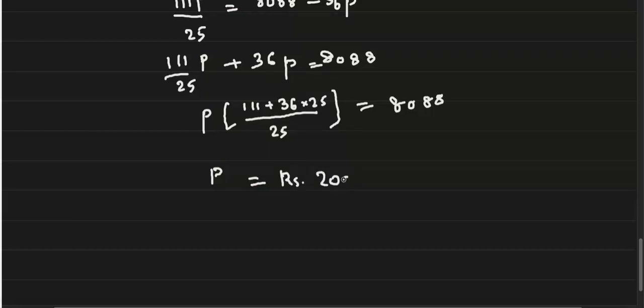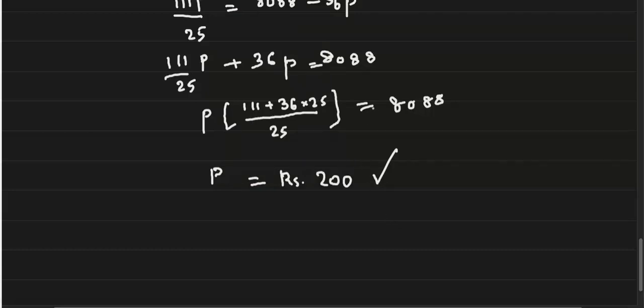If you are doing all these calculations, it is becoming a very lengthy video. That's why I am just cutting it short. Just do it by yourself. If you have any doubt, ask me. Just multiply 36 into 25, add it with 111, and divide with 8088 and 25. So you will get the value of P as 200. What is asked is the monthly installment. This is the only thing we are calculating. So monthly installment is 200 rupees.